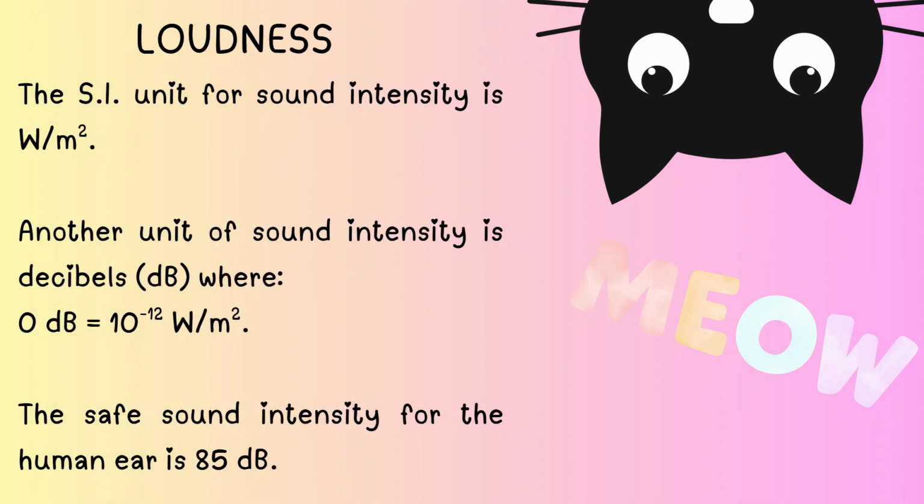The SI unit for sound intensity is watts per meter squared. Another unit of sound intensity is decibels, where 0 decibels is equivalent to 10 to the negative 12 watts per meter squared. The safe sound intensity for the human ear is 85 decibels.